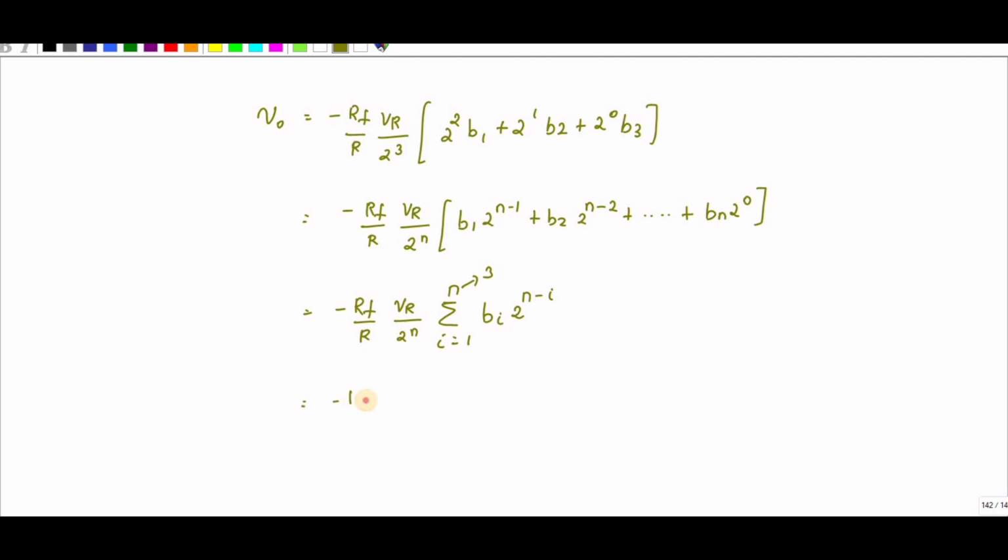So if I substitute, I can see B1 2 power, that is 3 minus 1 is 2, plus B2 2 power 1 plus B3 2 power 3 minus 3 is 0. So this is your final equation.